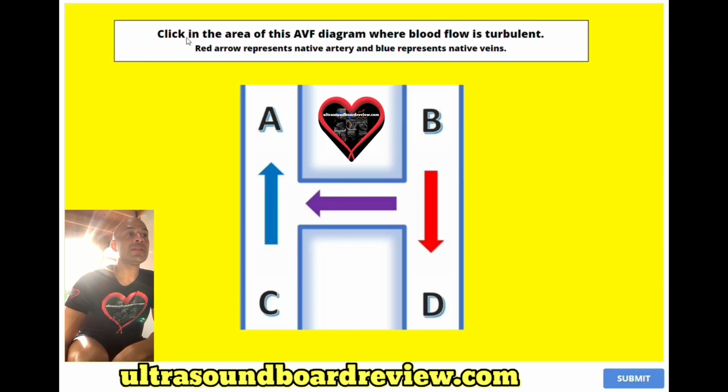Question 34. Click in the area of this AVF diagram where blood flow is turbulent. The red arrow represents the native artery, and the blue arrow represents the native vein.